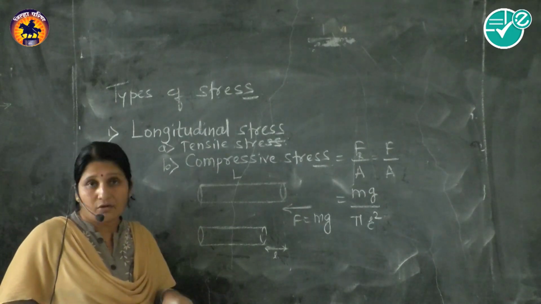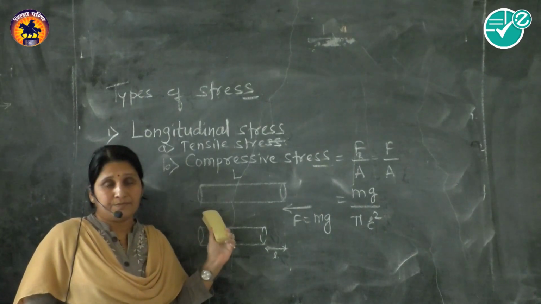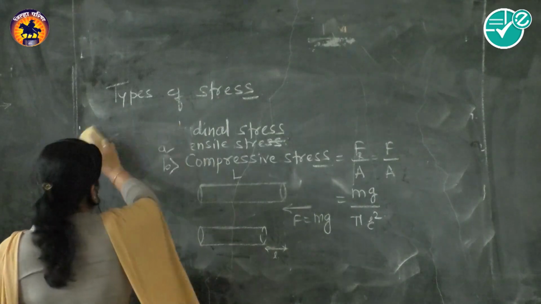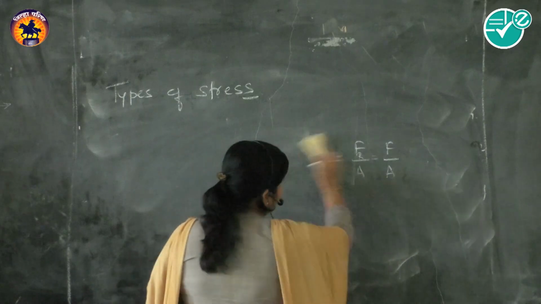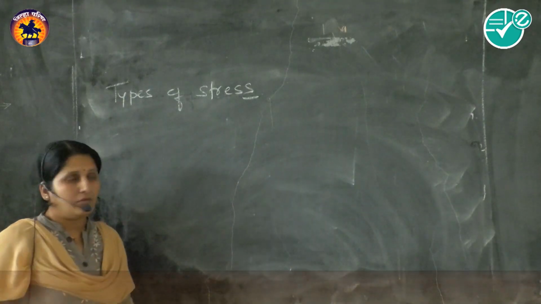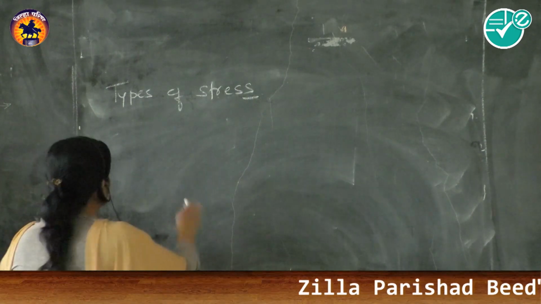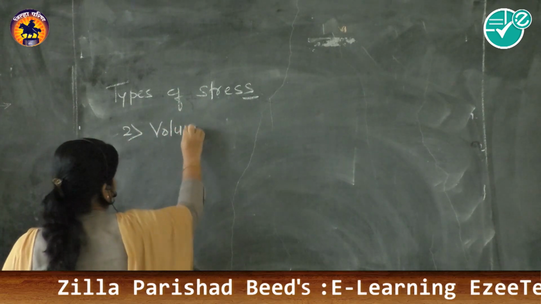It is a tensor quantity, but it can be treated as scalar. So this is all about the longitudinal stress. So whenever there is change in length, whenever there is deformation in length, we say that it is longitudinal stress. Now second type of stress is volume stress.